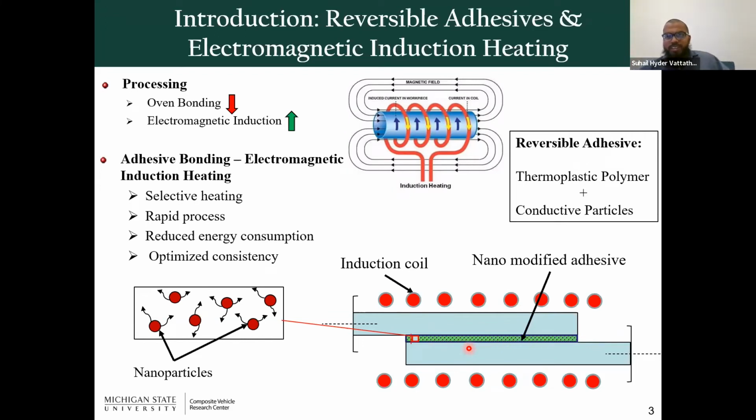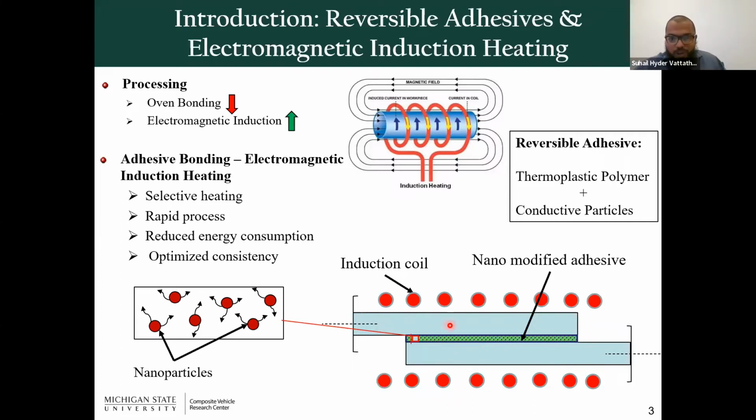It is a rapid heating technique, and it is highly energy efficient because it heats up in a matter of a minute, whereas if you go for conventional oven bonded joinings, it takes nearly half an hour to 45 minutes to make one particular joint. So that is one of the major advantages: you save a lot of energy. It is also selective heating.